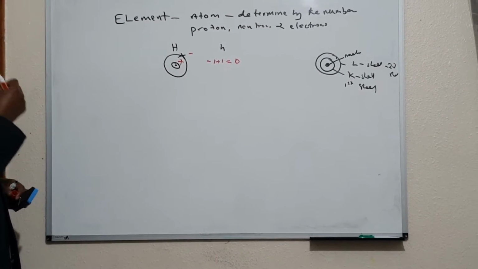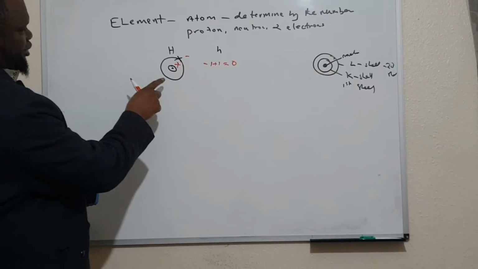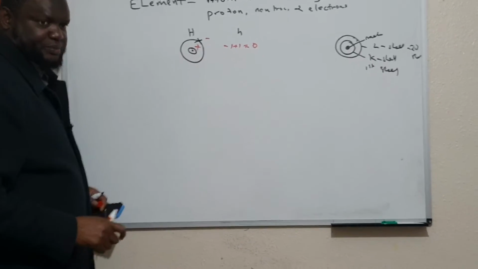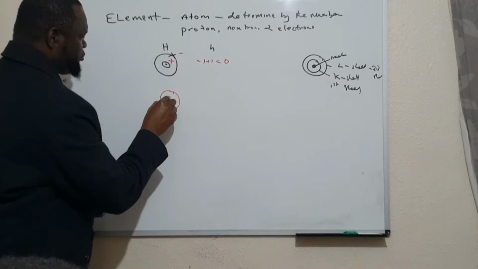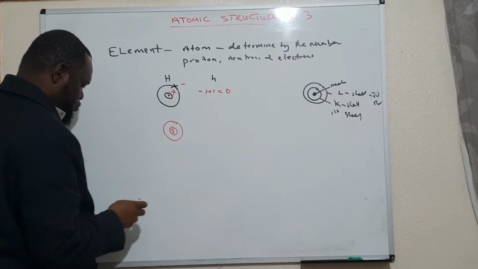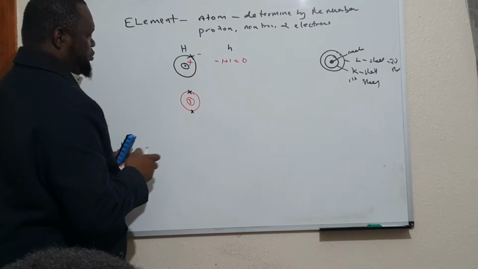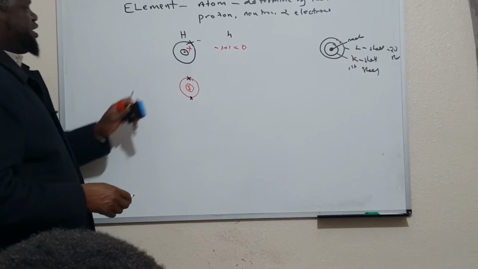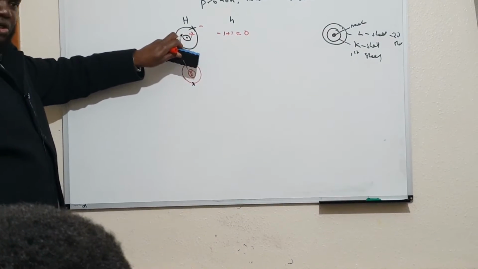Now, the proton is 1, so this first element is called hydrogen. If you have, let's say, helium, which has 2 protons and 2 electrons, this cannot be called hydrogen, because hydrogen has only one proton.